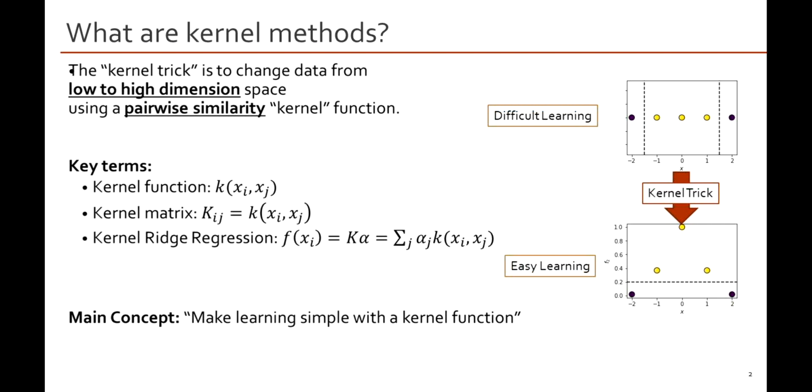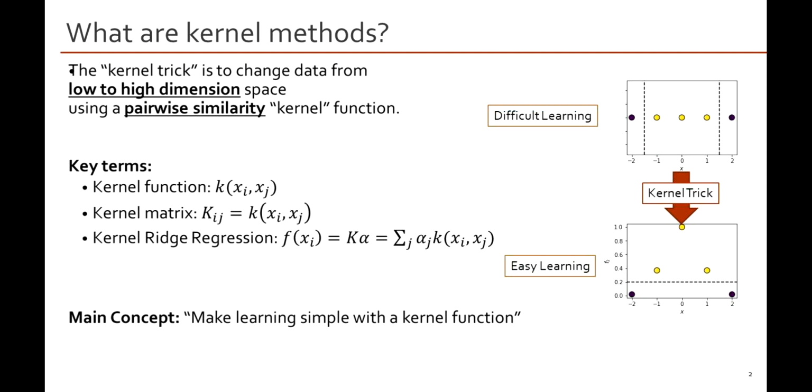Before we get into this full lecture explaining what those are, we're going to name a few terms. This pairwise similarity metric, we're going to call the kernel function. And if I take this kernel function and apply it to all pairs of data within my data set, I create a kernel matrix. Many of the machine learning techniques, such as kernel ridge regression, rely on performing operations on this kernel matrix.